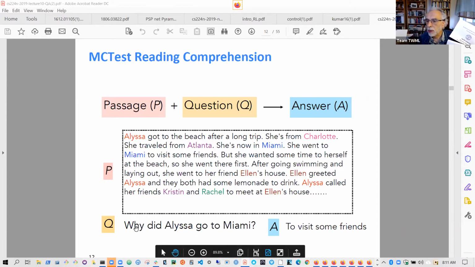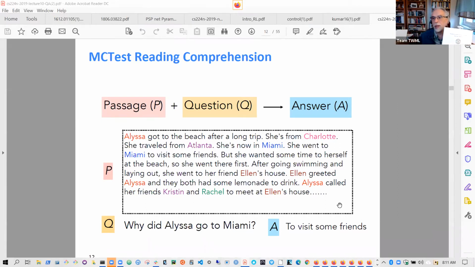Here's an example passage about Alyssa traveling to Miami, and the question is, why did she go? To answer it, you have to figure out that she went to visit some friends. To be clear, this is not what today's lesson is about.